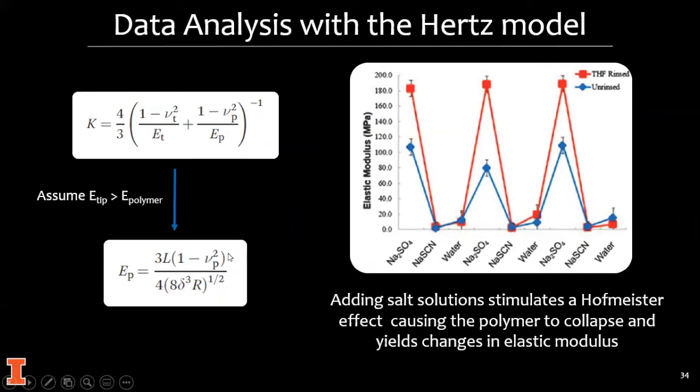Now we just need to know a few parameters. You need to know the estimate of the Poisson ratio of your polymer. You need to know that calibrated radius, once again, and the amount of indentation, which you can get from the force separation curve. Because if you indent at higher forces, you indent larger, that depends on load, which is the force. So you need to know that calibrated force that you applied during the indentation.